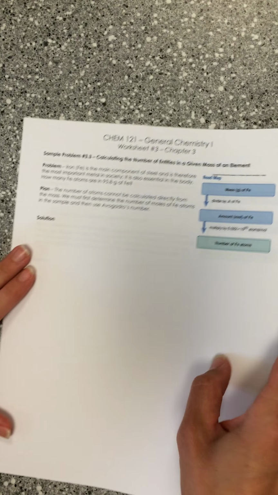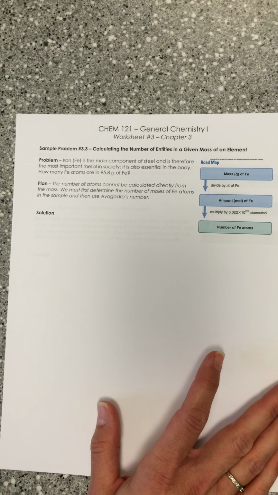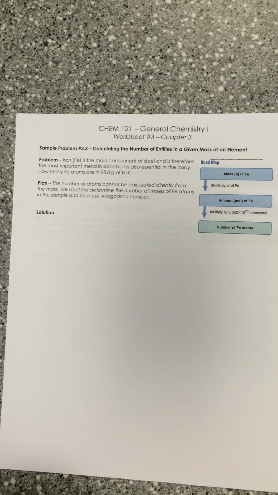Okay, so working through, we have several problems. There's 14 problems that I'm actually going to post videos for in Chapter 3. So here is the first one. These first three problems have to do with the concept of the mole and how we interconvert information that's given to us. For example, this first problem is they're giving us a mass of an element, and we need to then calculate the number of entities.